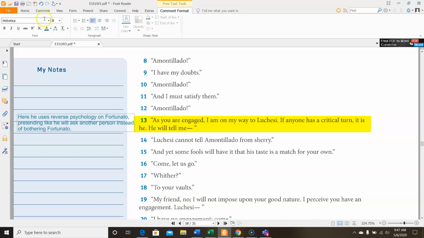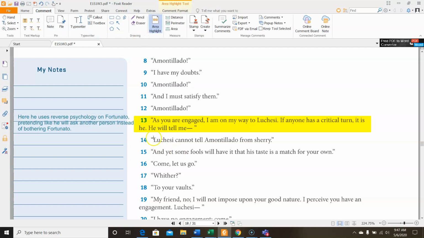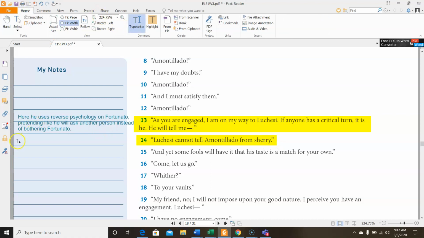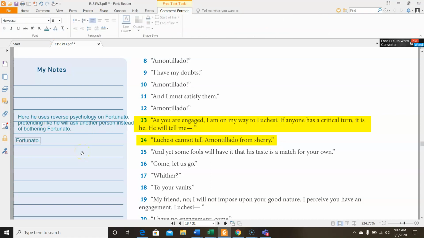And then here, Fortunato lets his pride get a hold of him when he says Lucchesi cannot tell Amontillado from Sherry. And yet some fools will have it that his taste is a match for your own.